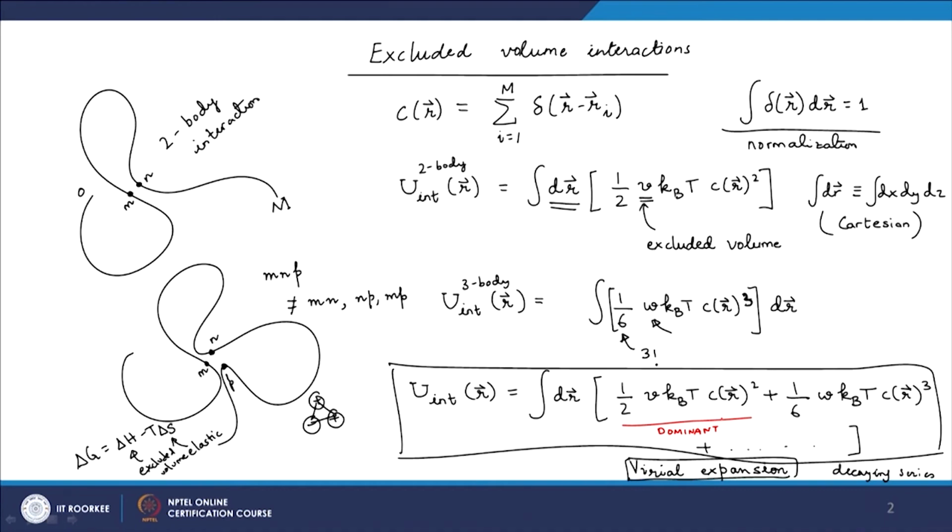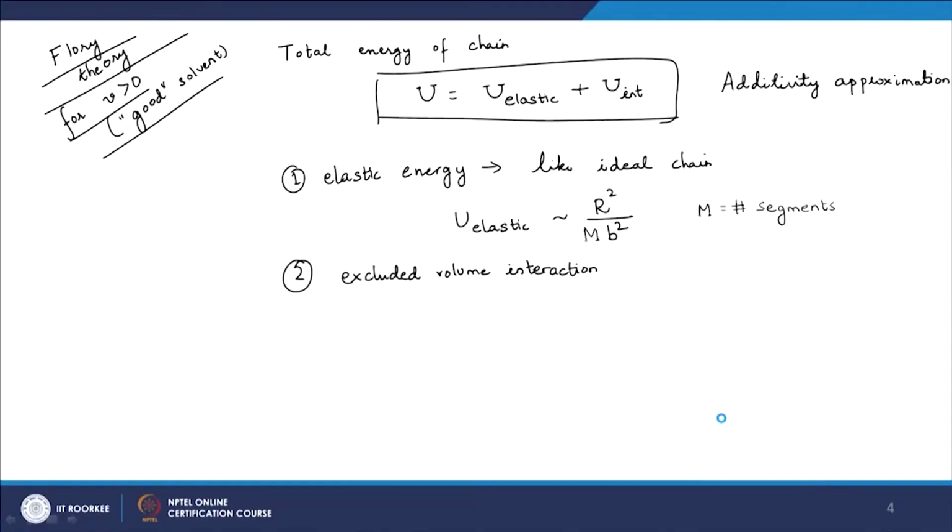The second approximation is that we will not worry about the connectivity of the polymer chain for the purpose of considering the excluded volume interaction.